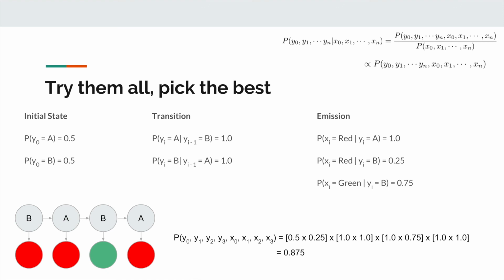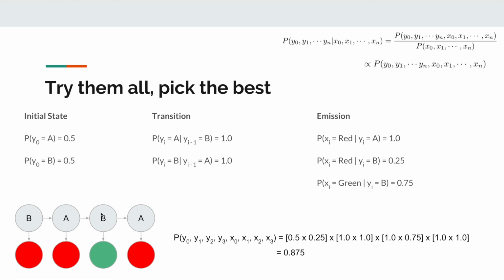All right, if you've done that, you'll see that the only sequence that really makes sense given the probabilities on the slide is this one. We start on B and then go A, B, A. Intuitively, we know this because A's always go to B's and B's always go to A's, so it's either got to be A, B, A, B or B, A, B, A, and A never outputs a green, so that B had better be in the third position.